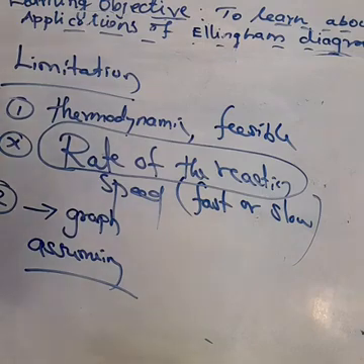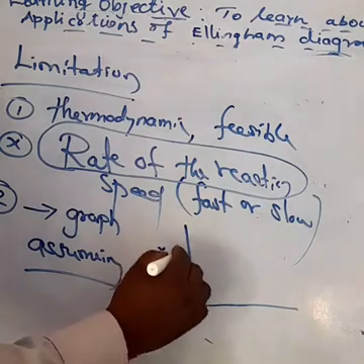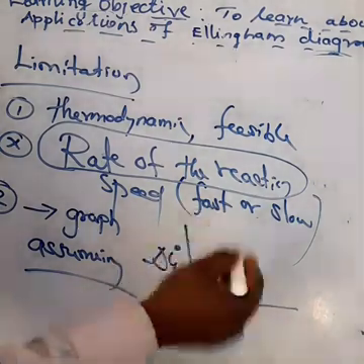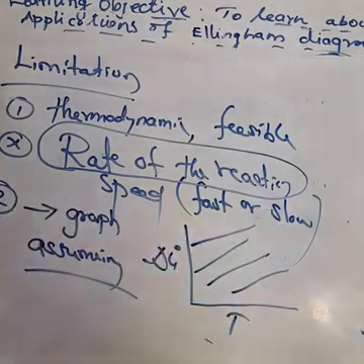Here, the delta G and the temperature, we plot in the form of a graph and calculate, we get one graph. That is based only on assumption. Whether the reactants are in equilibrium with the products is not always true. This is only based on assumption. That is one of the limitations.